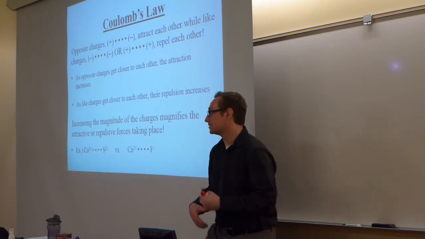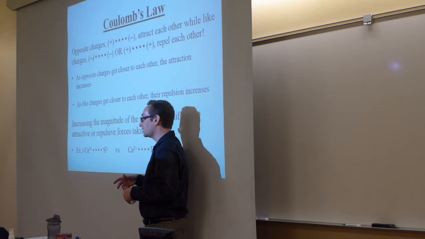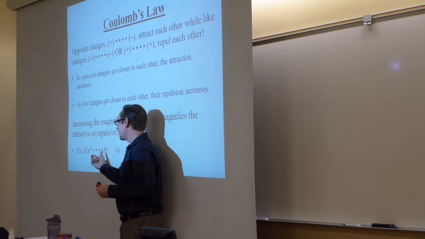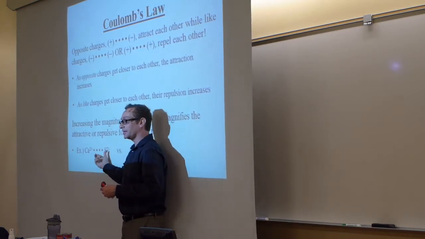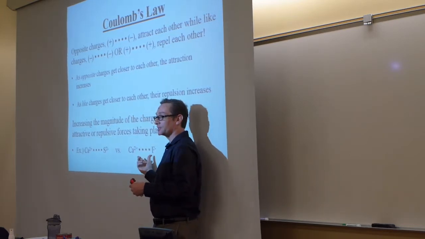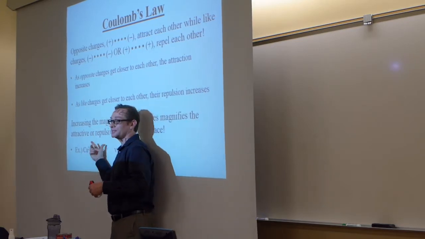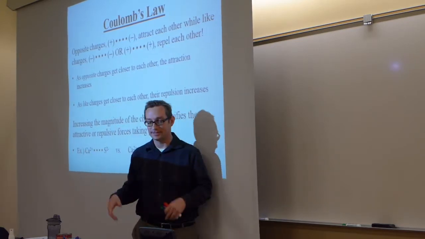And increasing the magnitude of the charges increases the extent of these attractions and repulsions. So if I ask you, between calcium ion and sulfide ion, versus calcium ion and fluoride ion, which one has a stronger attraction? These two, because the extent of the charge is greater.